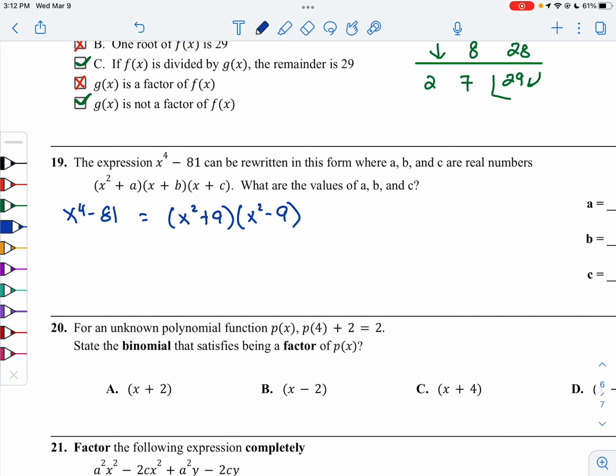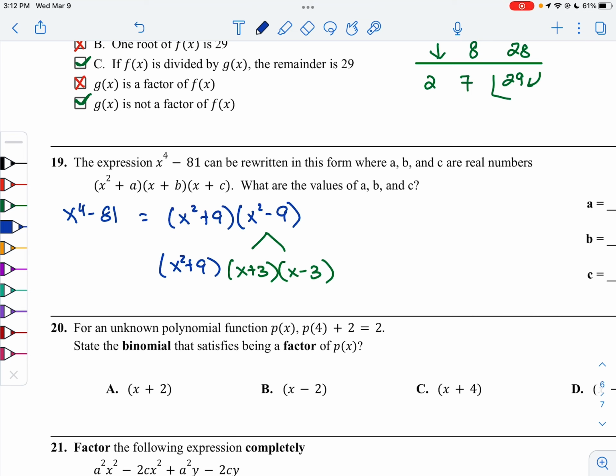Took the square root of both x to the fourth and 81. But this is also difference of squares because I can take the square root of x squared and the square root of 9. So the x squared plus 9 stays because that's not a difference, right, subtraction is.